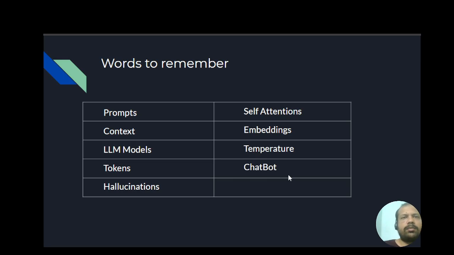And chatbot. A chatbot is when you have a conversation. Remember we talked about how the LLM model does not remember your conversation, your history or your context. So if you create a chatbot to converse with the LLM model, you write one prompt, send it, and get a response. Then you write something again, like on chatgpt.com when you use it on the console.